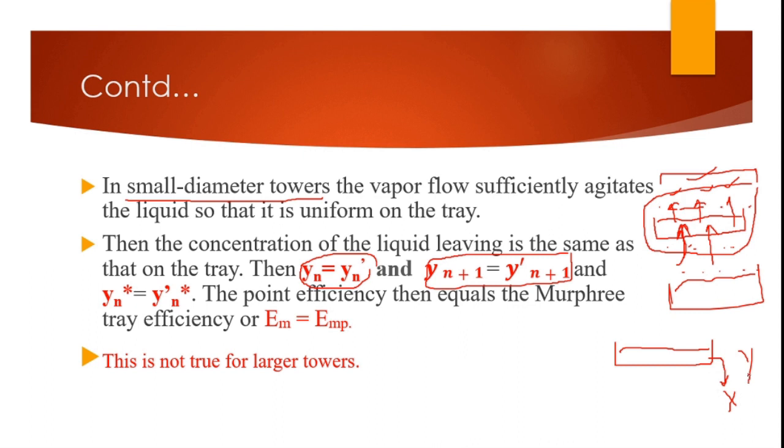So the y star for a small diameter tower is going to be the same as the y star at any point on the tray corresponding to the x over here, because the x at any point on the tray or the x coming out of the tray is the same. As all of these become the same, the Murphy tray efficiency and the point efficiency become the same for a small diameter tower.